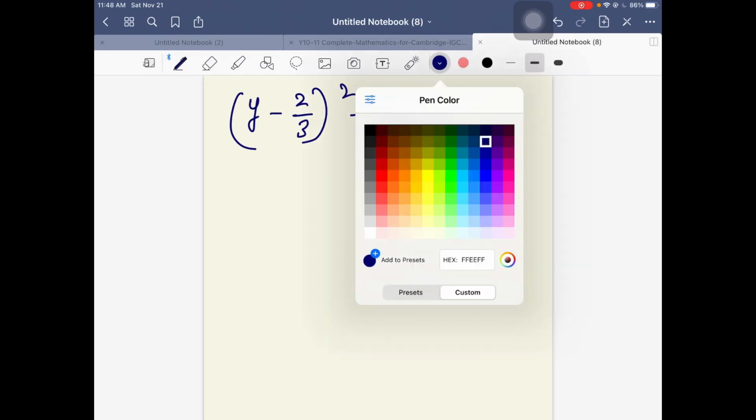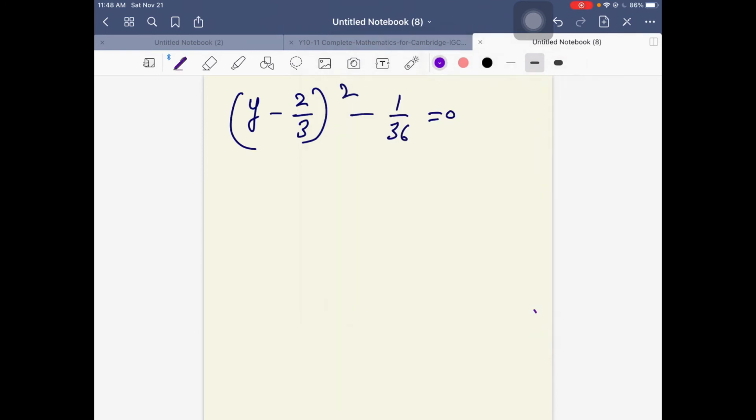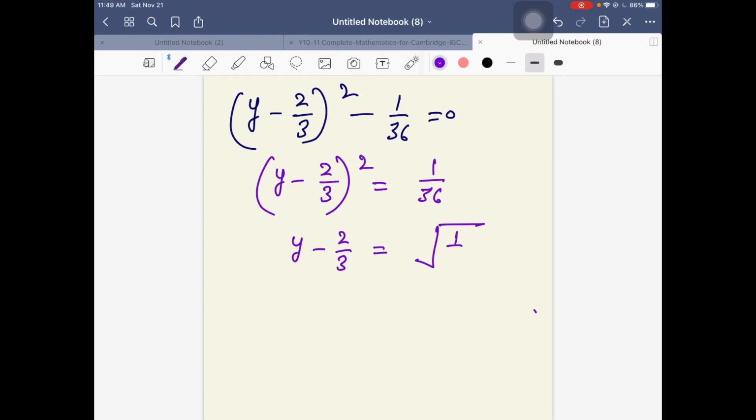Adding 1 by 36 to both sides, or just moving negative 1 by 36 to the right side, you get y minus 2 by 3 whole squared is equal to 1 by 36. Taking the square root on both sides, you get y minus 2 by 3 is equal to the square root of 1 by 36. Students, when you change square into square root, always put plus and minus.